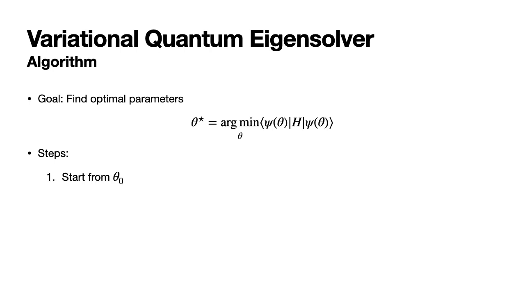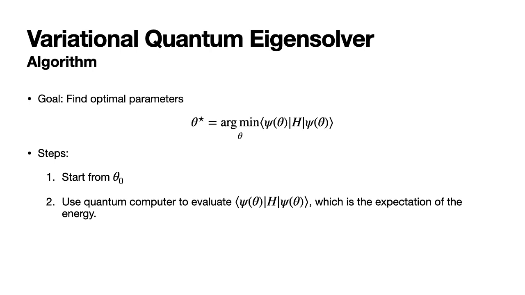The first step is to start with some initial guess for the parameter theta 0. The second step is to use a quantum computer to evaluate the expected energy. The third step is to use a classical optimization routine to update the parameters to a new theta that reduces the expected energy.